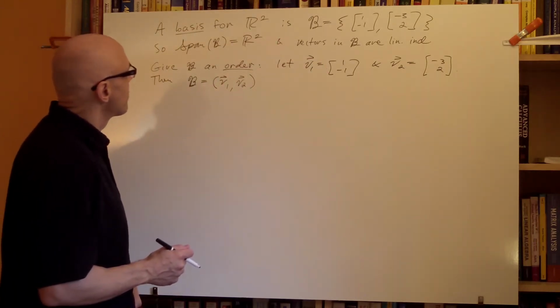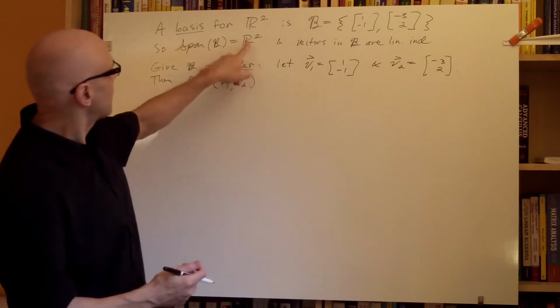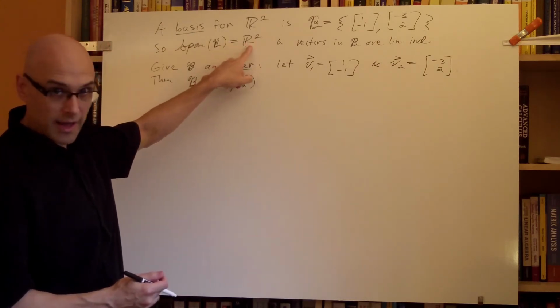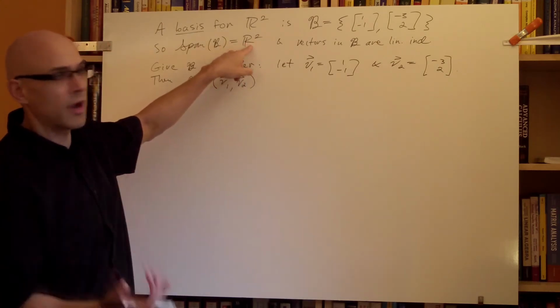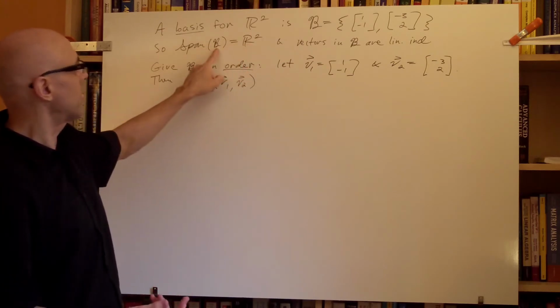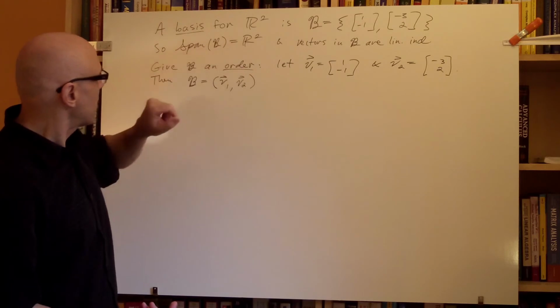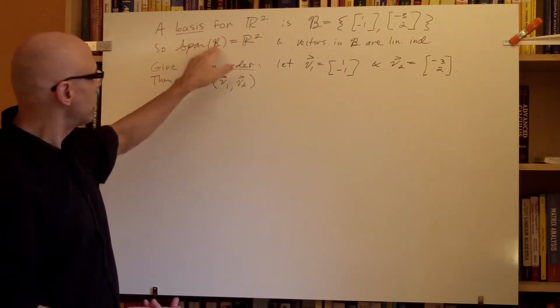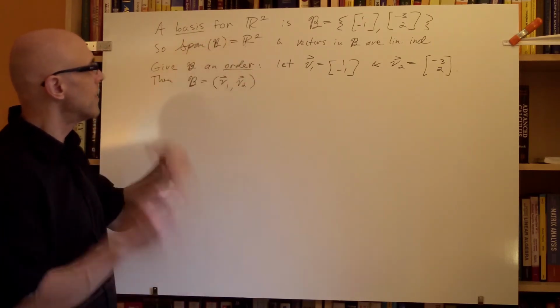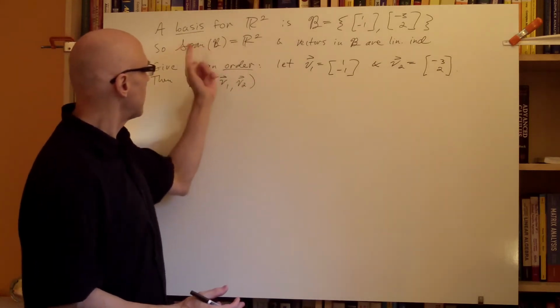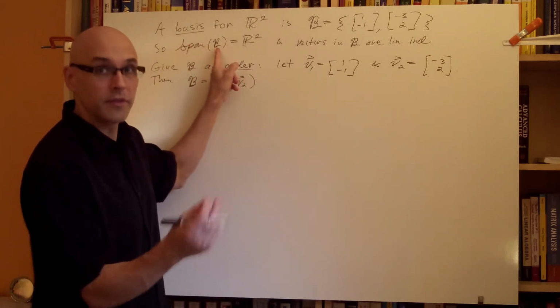Well, that means then, of course, that every vector in R2 is expressible as at least some kind of a linear combination of the elements of B. So I think it's clear why we would care about the span of B equaling all of R2. That means everything in R2 is expressible as linear combinations of the elements of B.